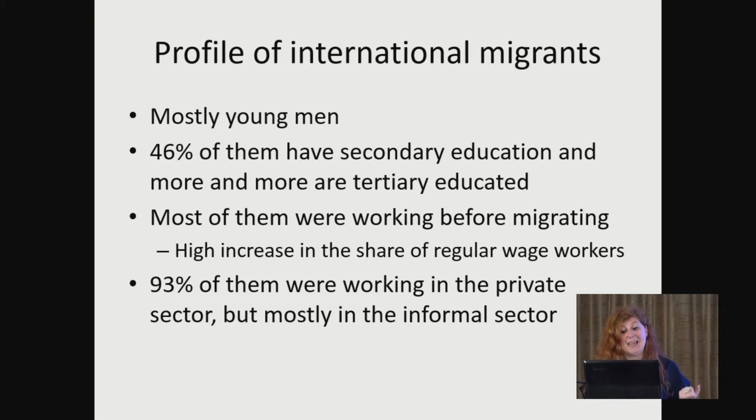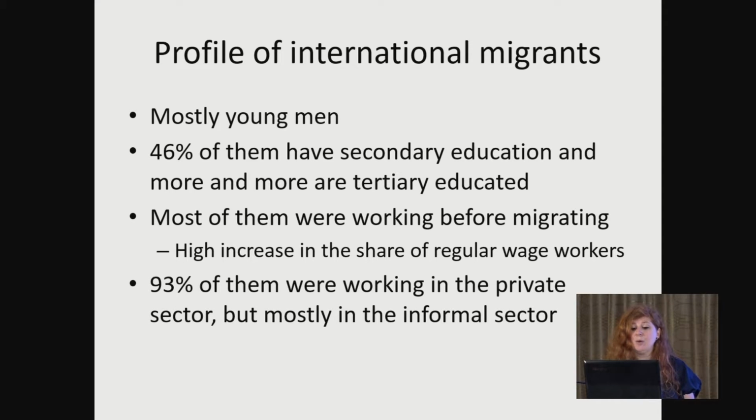It's also interesting that we have a high increase in the share of regular wage workers in migration. So more and more people, even though they have a regular wage, that does not mean that they are formal or covered, as I was saying, are migrating more and more compared to 2012. So this might also reflect a deterioration in the conditions of the labor market.